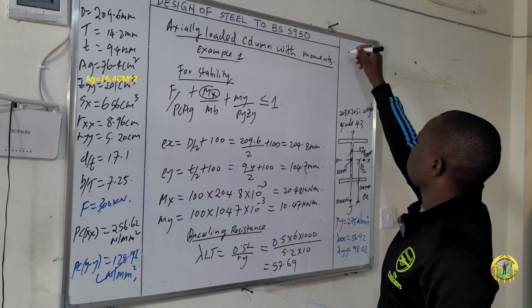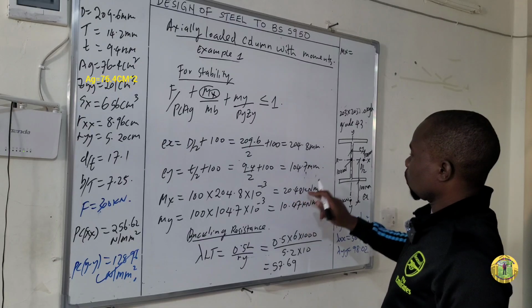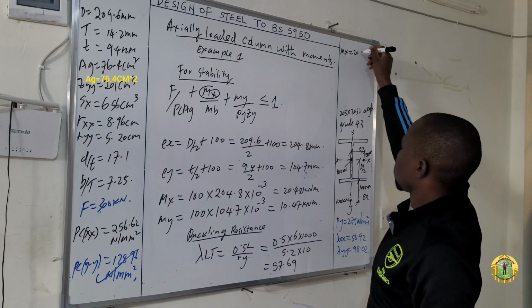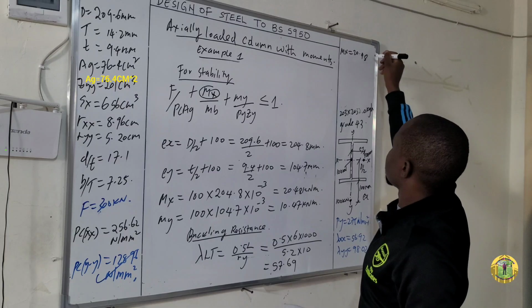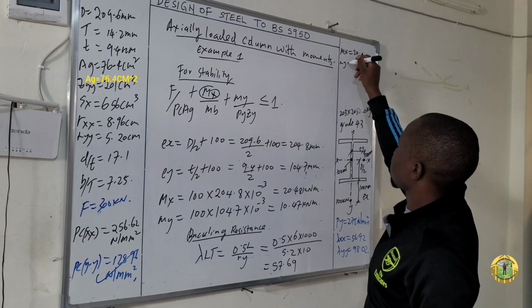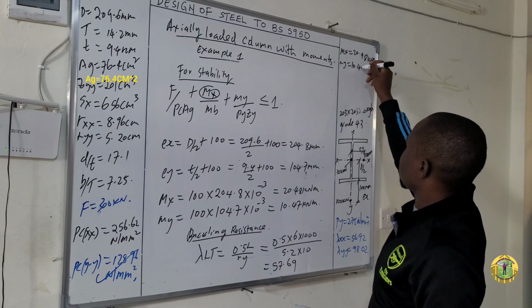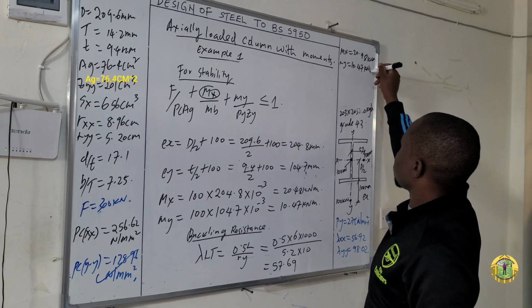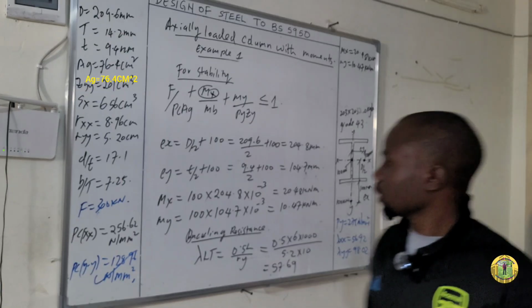So we have MX is equal to 20.48 kilonewton meter, and MY is equal to 10.47 kilonewton meter like that.